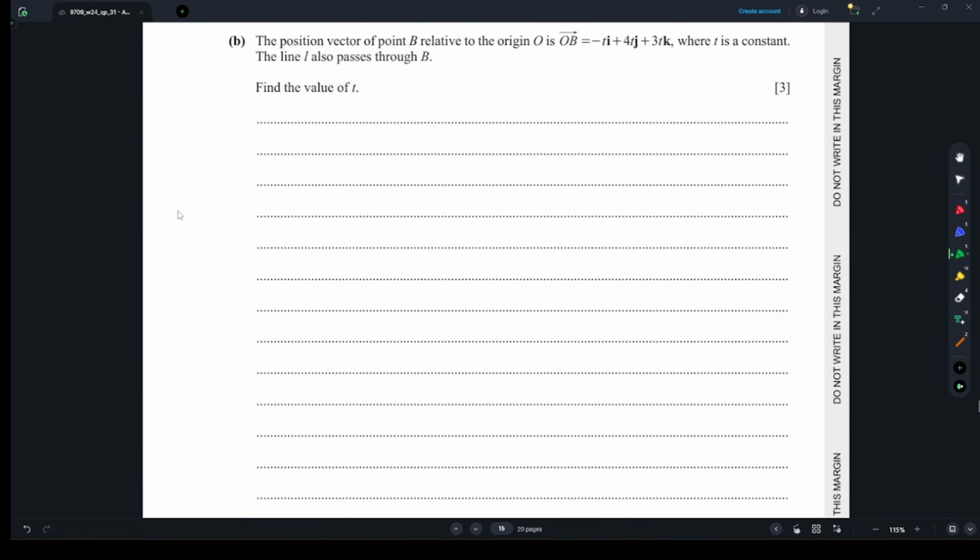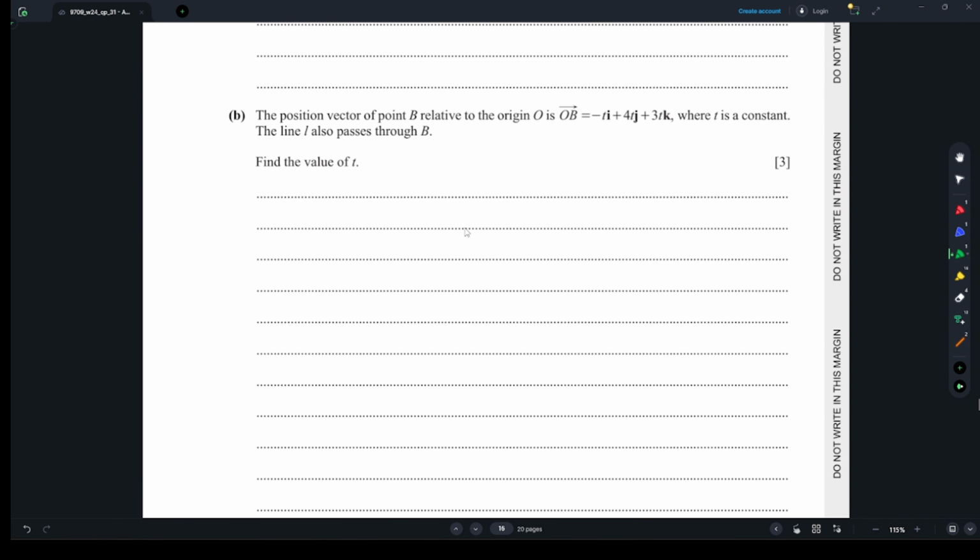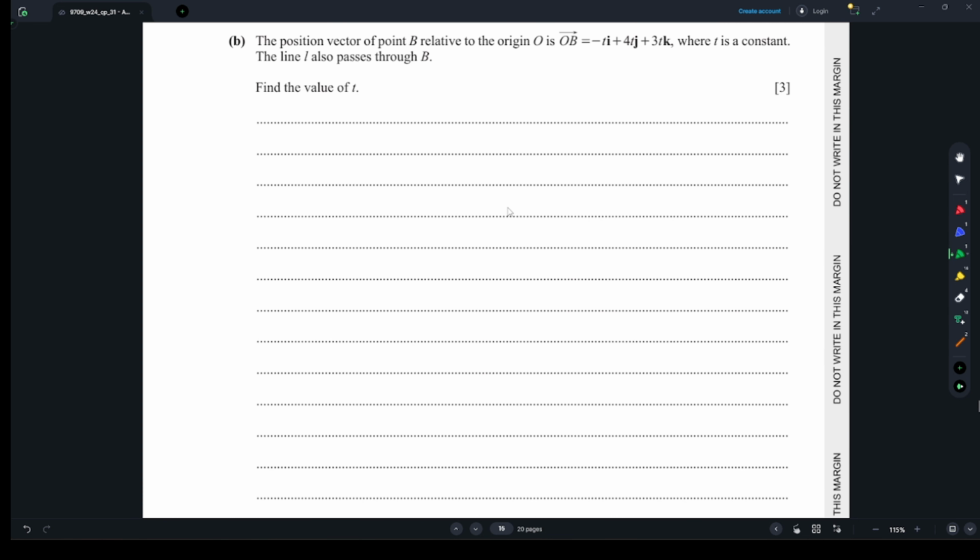Then the position vector of point B relative to the origin O is OB, t is a constant. The line L also passes through point B. So then this is also on that line. That means now we had A, and now it is passing through this point B. And here this is the origin.